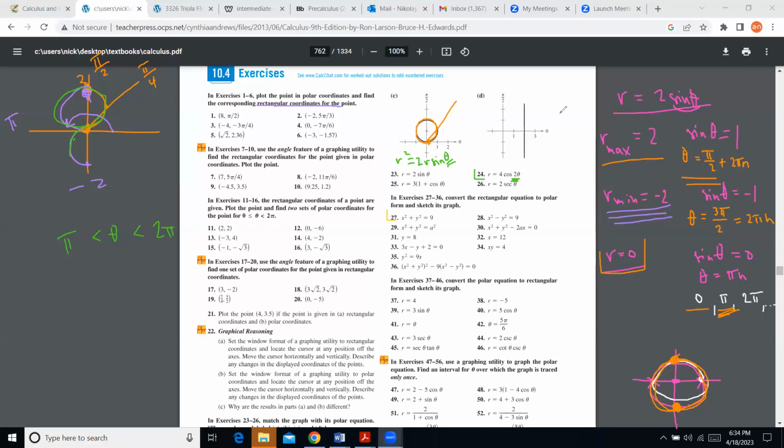recall how we used to graph this polar coordinate type of function. And that's always the same: minimum, maximum, and zero. So let me maybe grab a little extra piece of board here.